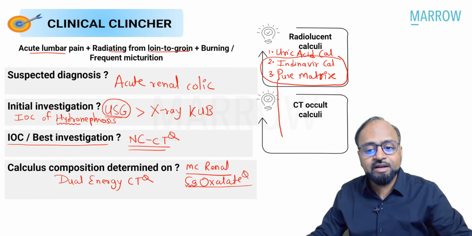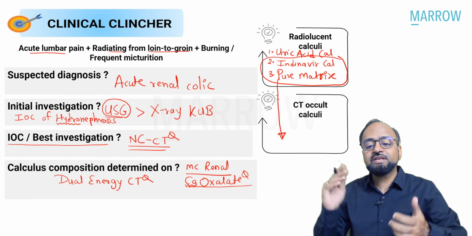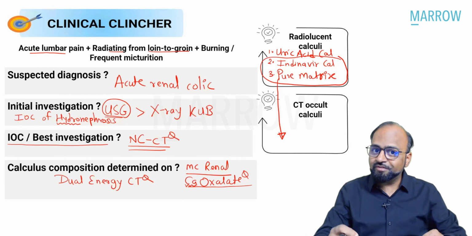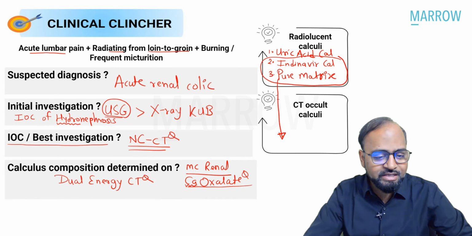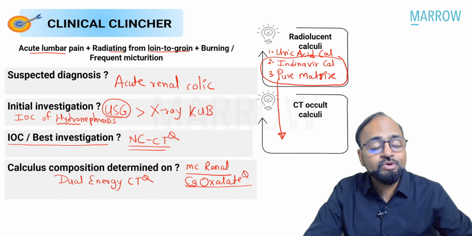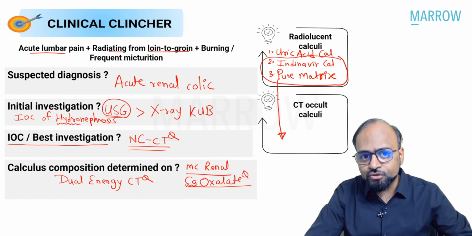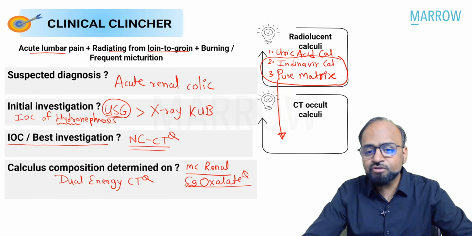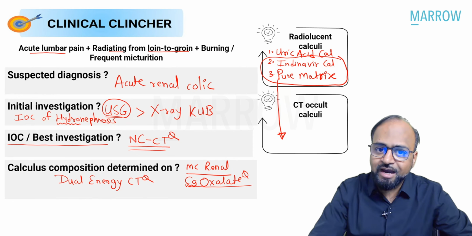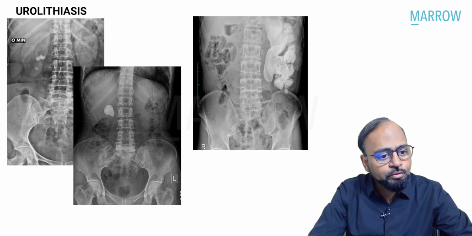But indinavir calculi and pure matrix calculi will not be identified even on CT scan. So what you need to know as far as the investigations and limitations of various modalities for calculus imaging is what we have discussed here in a very high yield manner. Now let us look at a few imaging patterns.